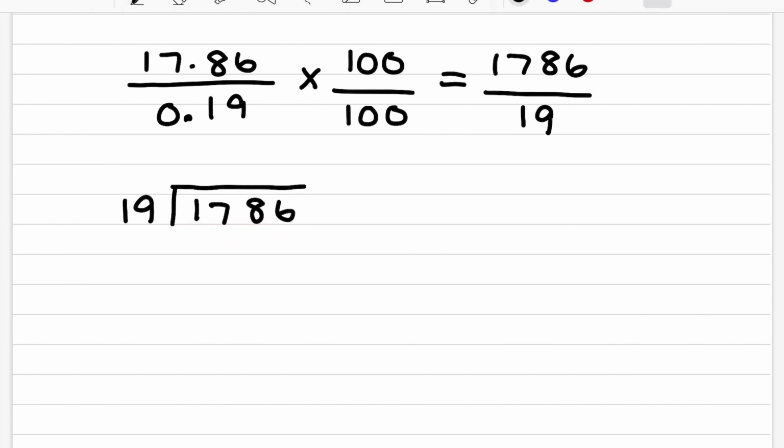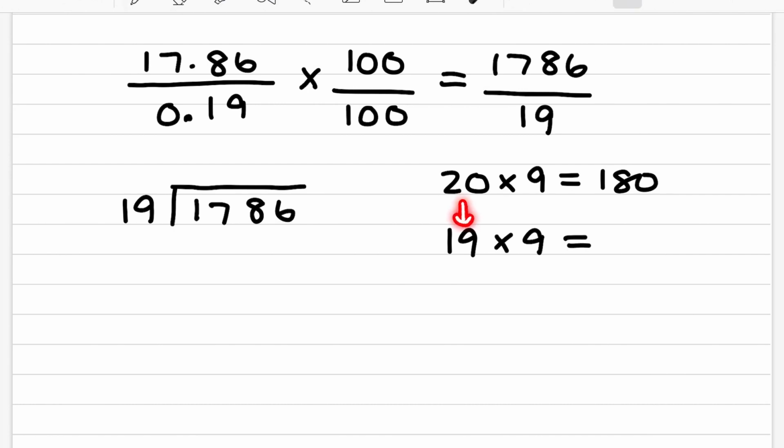Since 19 is pretty close to 20 and 178 is close to 180, that would be 20 times 9. I'll write that on the side. 20 times 9 is equal to 180. But we want to know what's 19 times 9. And since that's only one group less, it's only going to be 9 less, so 171.